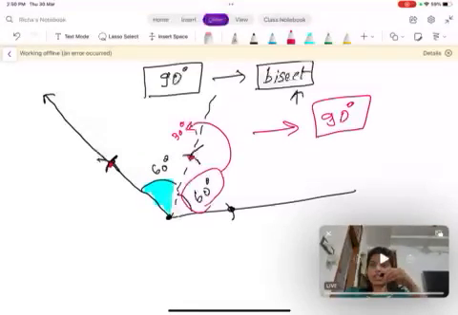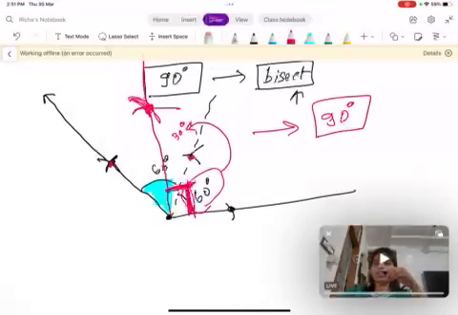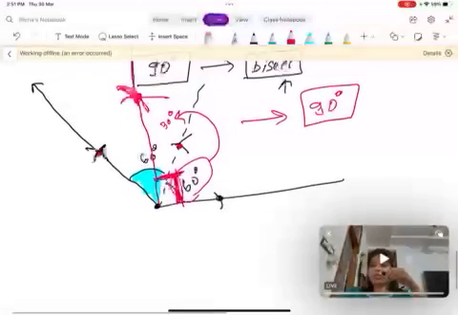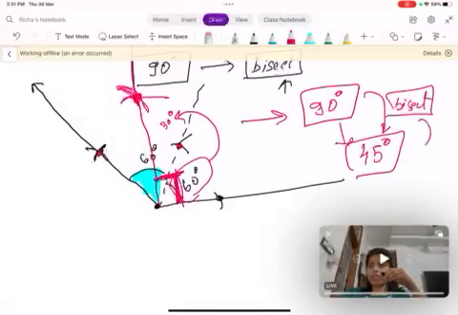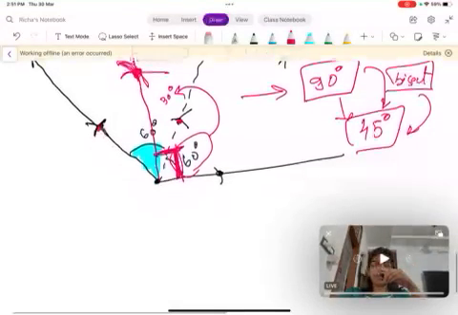Again, with this as center and this as center, we'll cut an arc here and an arc here, and then we'll join this. It should be somewhere here. So this whole angle becomes 90 degrees. And then comes 45 degrees. How can we draw 45 degrees? Again, bisect 90 degrees, we will have 45 degrees. Very easy.